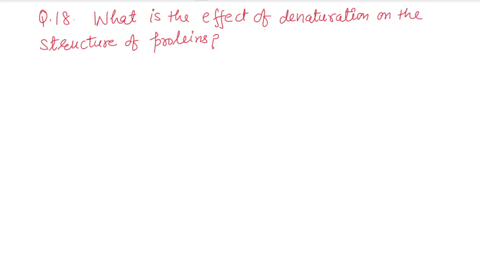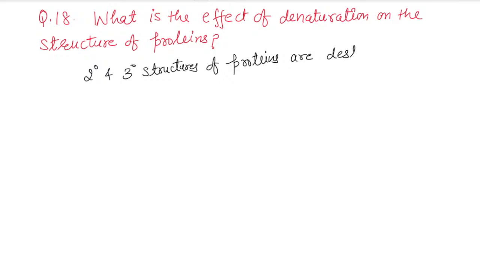During denaturation, the secondary and tertiary structures of proteins are destroyed, but the primary structure remains intact.